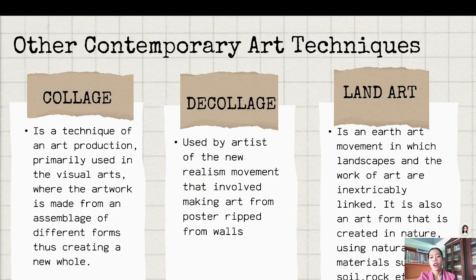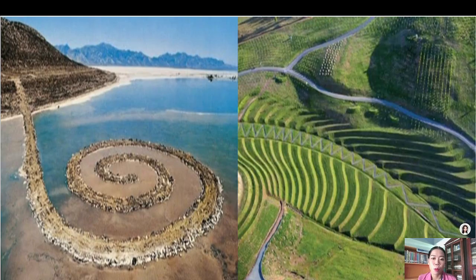The next type of art is land art. Land art is an earth art movement in which landscapes and the work of art are inextricably linked. It is also an art form that is created in nature using natural materials such as soil, rock, and so on. This is an example of land art.